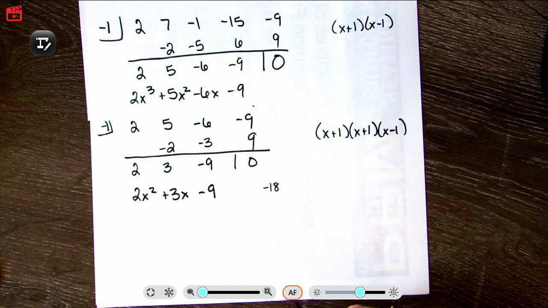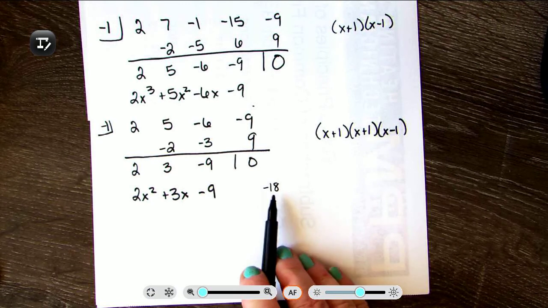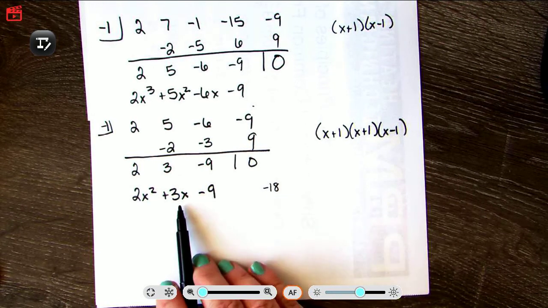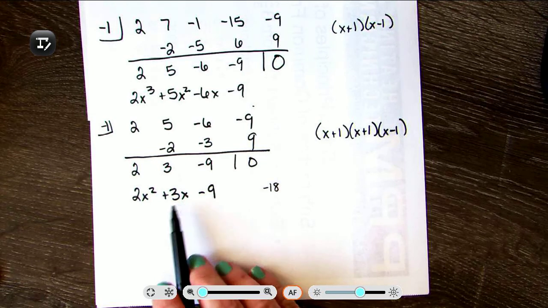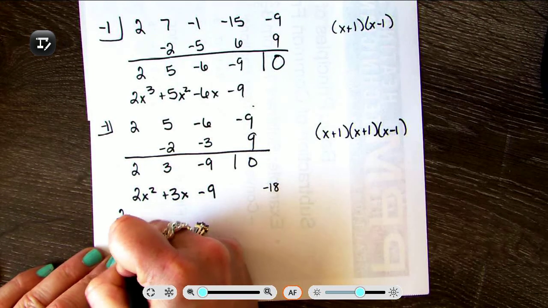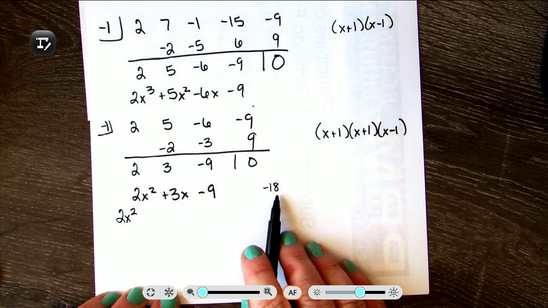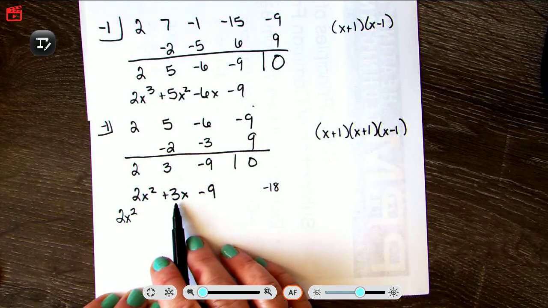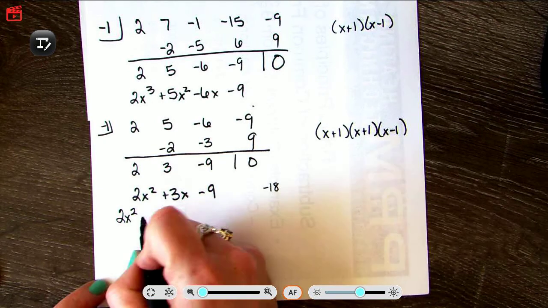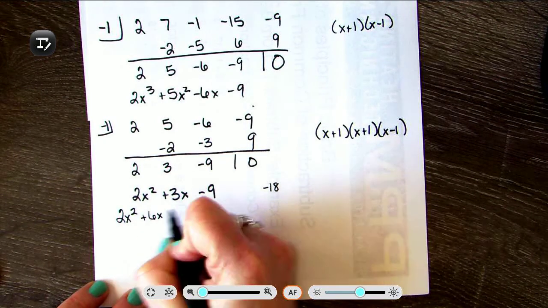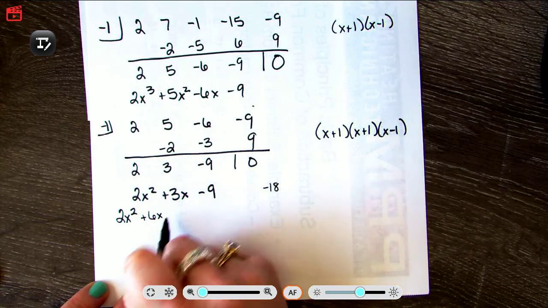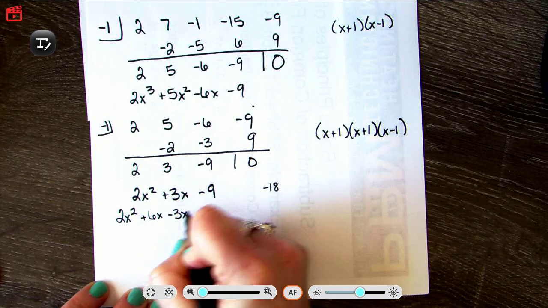So I'm thinking two numbers that multiply together to give me a negative 18, that add together to give me a positive 3. Multiply together to give me a negative 18, add together to give me a positive 3. How about 6 and 3?